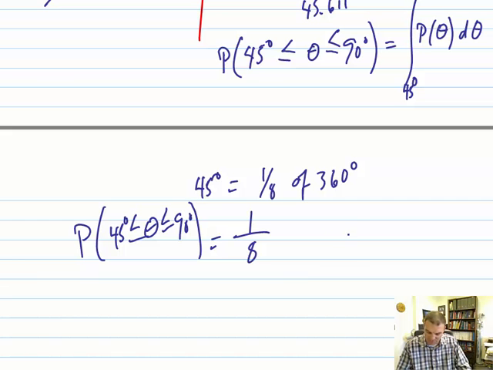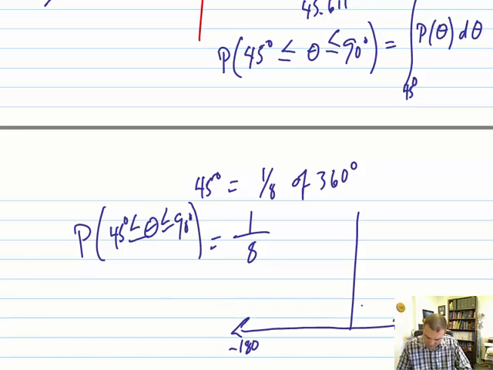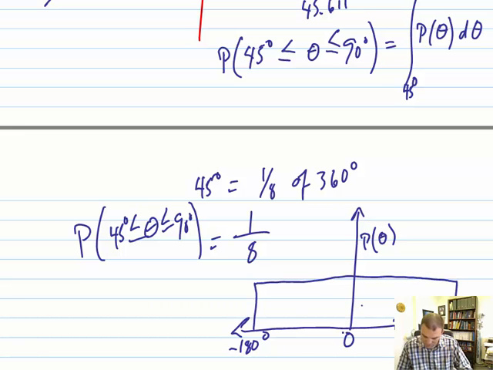So this particular situation would assume something like this. Here, let's say, is minus 180 degrees. Here's plus 180 degrees. And the probability is uniformly distributed over these different angles. So if we were to look at 45 degrees, we would see this area here.